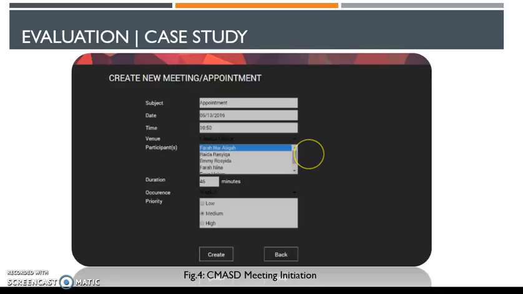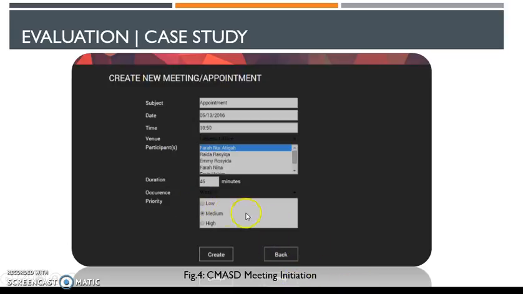As an evaluation for this work, based on the domain requirements and the patterns that we have derived, we developed a prototype to try to apply and reuse the requirements patterns that we have derived. Here is only part of the prototype; we only captured a few screenshots. This is for the meeting initiation requirements pattern.